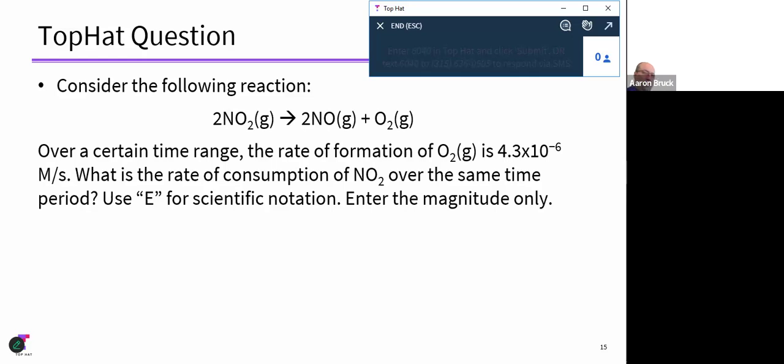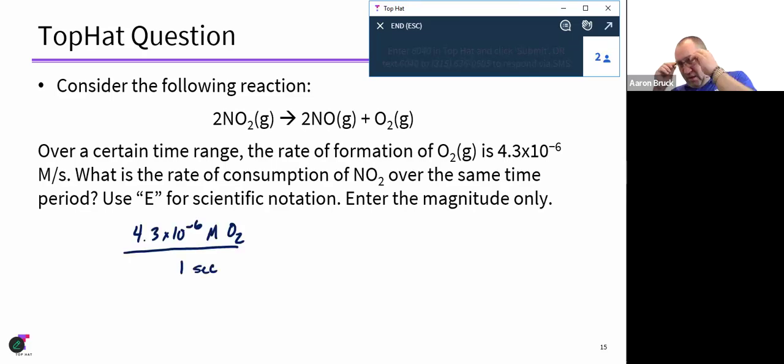So really what we're going after here, what is the relationship between the rate of formation of oxygen and the rate of disappearance of the nitrogen dioxide? Since there is a direct relationship between the rates of reaction and stoichiometry, the easiest way to answer questions like this is actually just doing it stoichiometrically, thinking of it like a conversion.